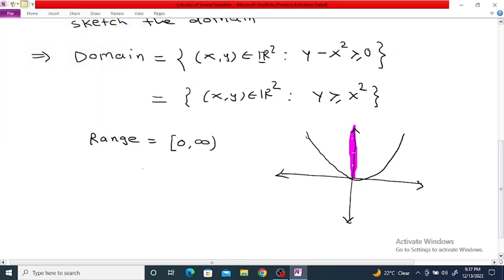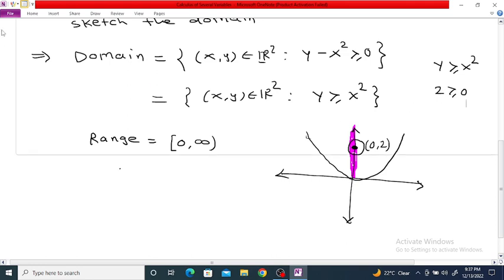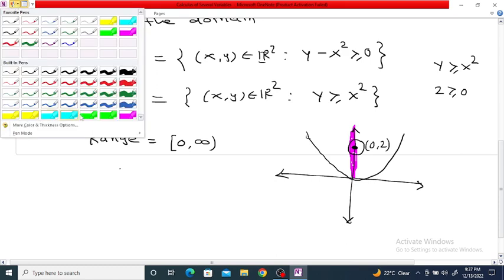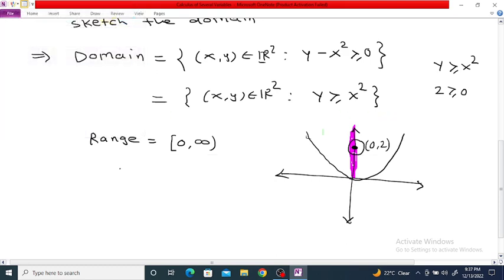Now we want to sketch the domain. Here what is given? The domain is y greater than or equal to x square. If we select a point, say (0, 2), and put it here, 2 greater than or equal to 0 is true, so our region is this region, which is the domain of the given function, bounded by y equal to x square.